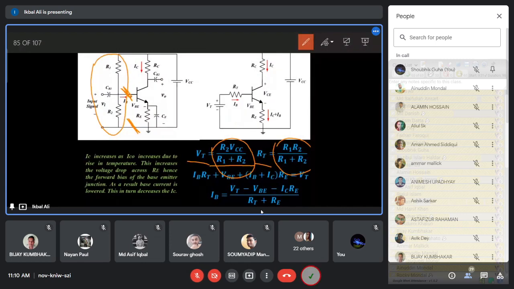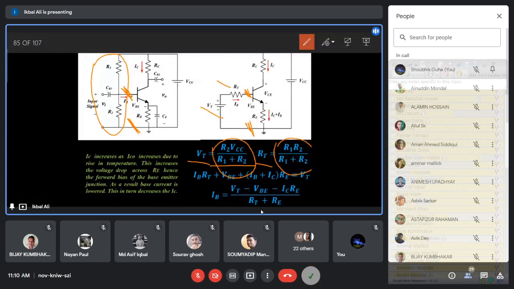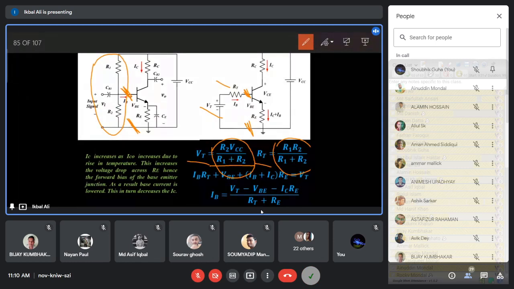So the entire complicated R1 R2 junction circuit can now be replaced by the Thevenin equivalent circuit, where the Thevenin battery is VT and the Thevenin resistance is RT, where VT and RT values you can see in the figure below. This is the simplified equivalent circuit of the original self bias circuit, just applying the Thevenin theorem.